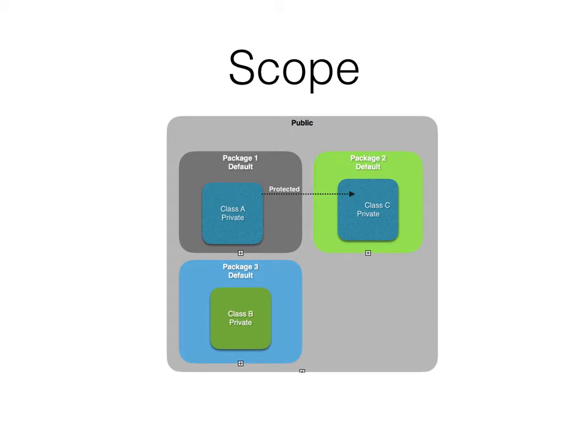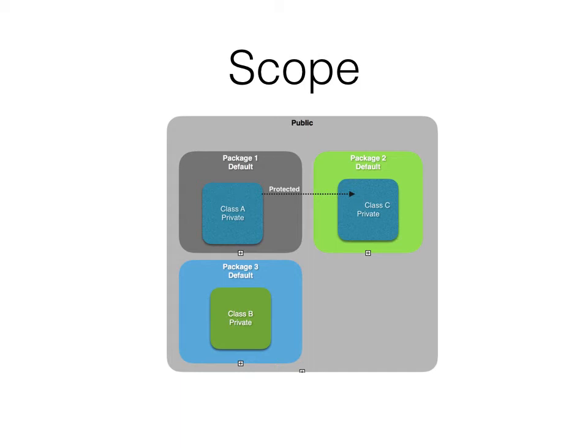As you can see in this diagram, I have marked private within each class. So if we mark any variable or any method as private, it means it can be accessed or used only by its own class. It cannot be accessed outside of this class.